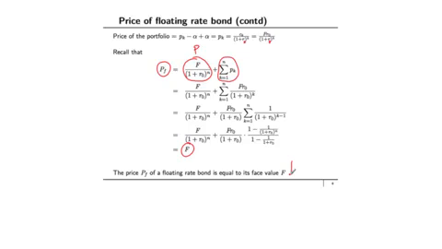We used the no arbitrage condition to calculate the price of a deterministic cash flow. Now we push the no arbitrage condition to calculate what happens to the price of a stochastic cash flow. And we did it in two steps. First, we removed the stochasticity and converted it into a deterministic cash flow. And then we used the no arbitrage condition to calculate the price of this deterministic cash flow.